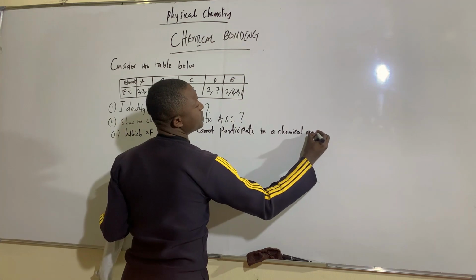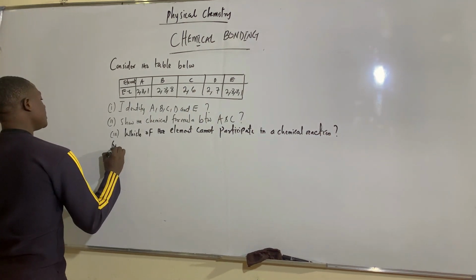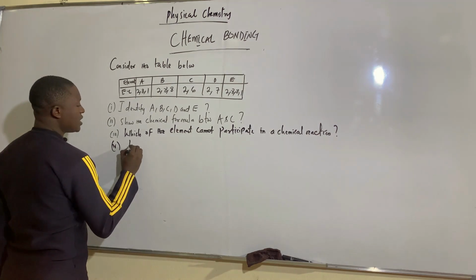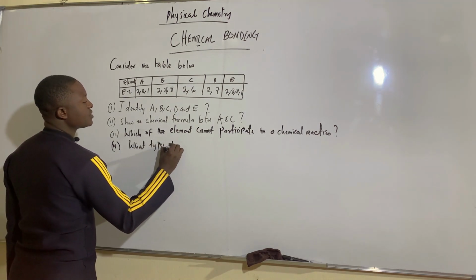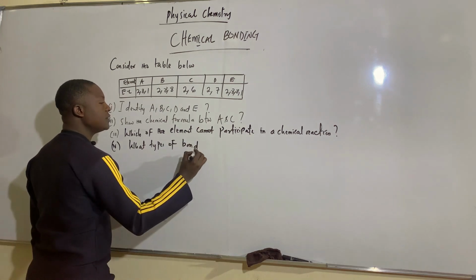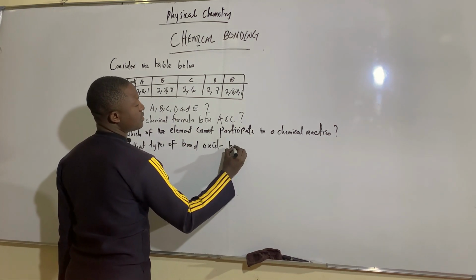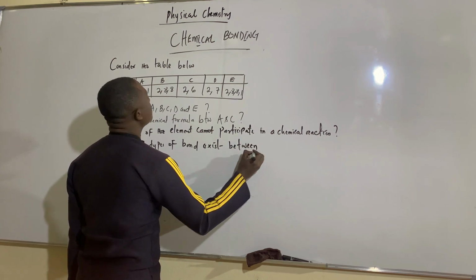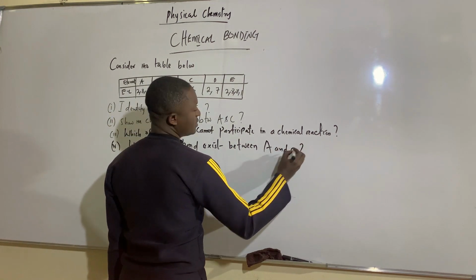The fourth one, maybe they said, what types of bonds exist between, let's say, A and C.